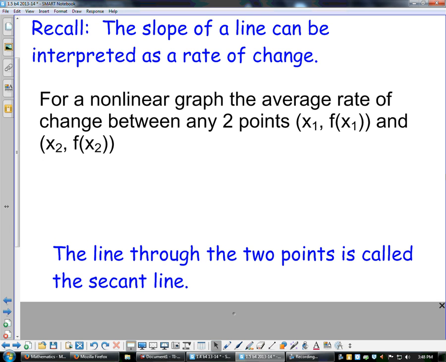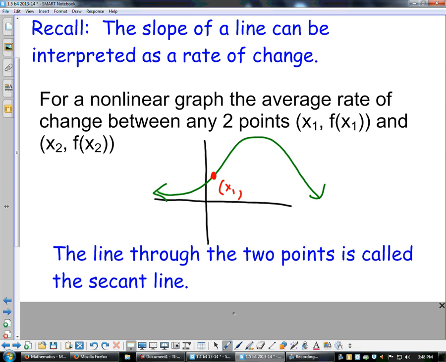So let's get a visual of what's happening here. If we have a graph that looks something like this, and we know that there's an ordered pair right here, which is, let's say, x1, comma, f of x1, and we know we have a point, let's say, right here, that is x2, comma, f of x2.